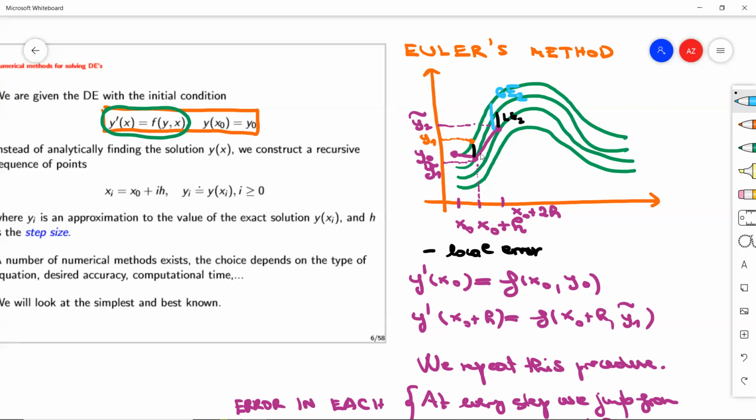Of course, we are interested in the global error, but we can estimate only local errors. So analytically, we can estimate only local errors, and I will show you now this estimation. It's very easy to derive. But out of local errors, we will be able to also estimate the global error.